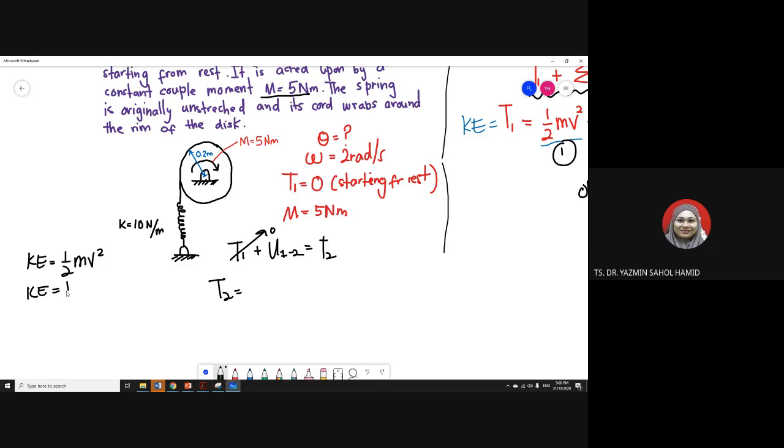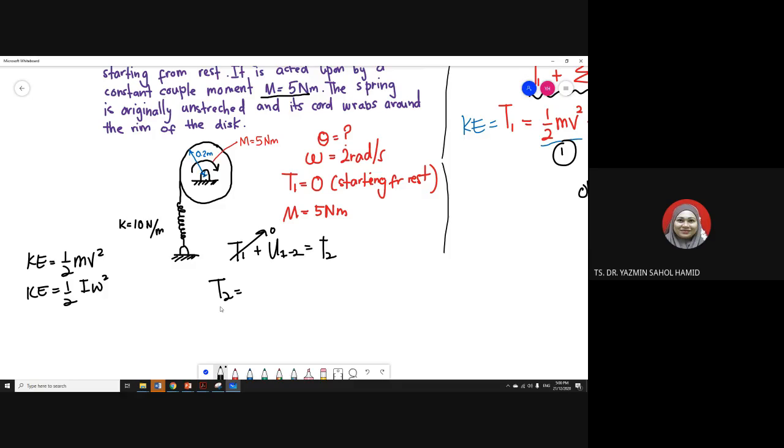Now, we know kinetic energy, we ada satu, 1 over 2 mv squared. Lagi satu ialah 1 over 2, apa? I omega squared. Now, for the kinetic energy here, is the pulley moving? Does it have a velocity?